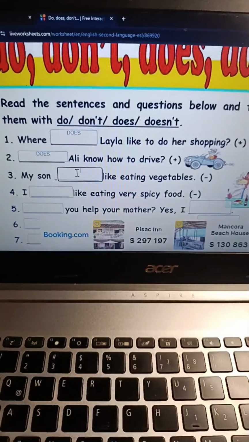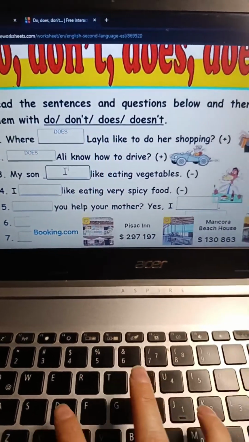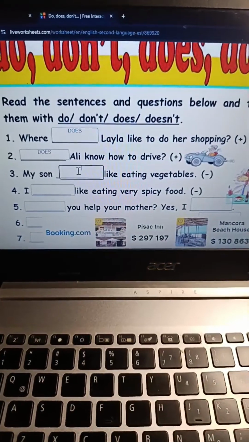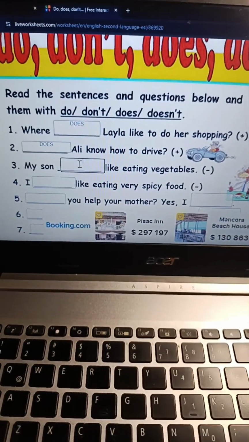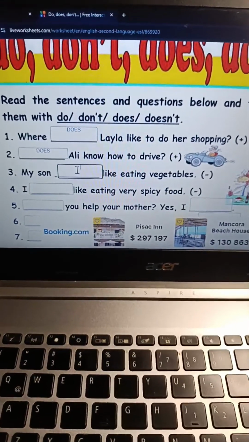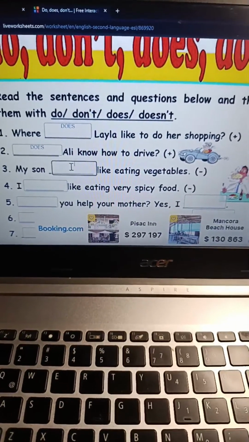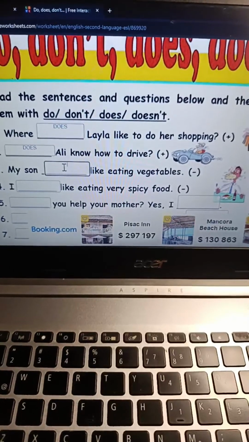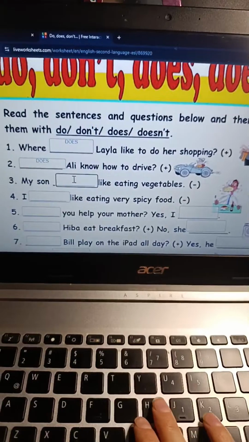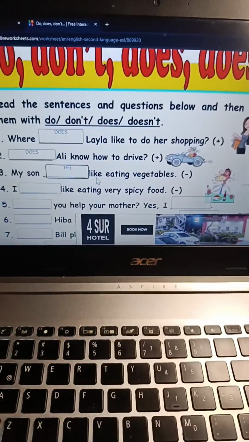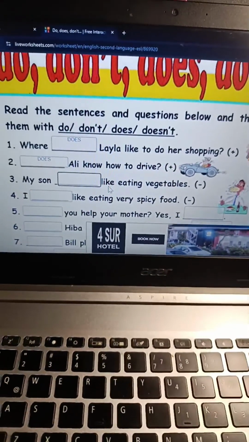So we need to use an auxiliary, do or does. Please tell me, what is the best option for this? My son is he. Yes, he. So in this case, we say does.